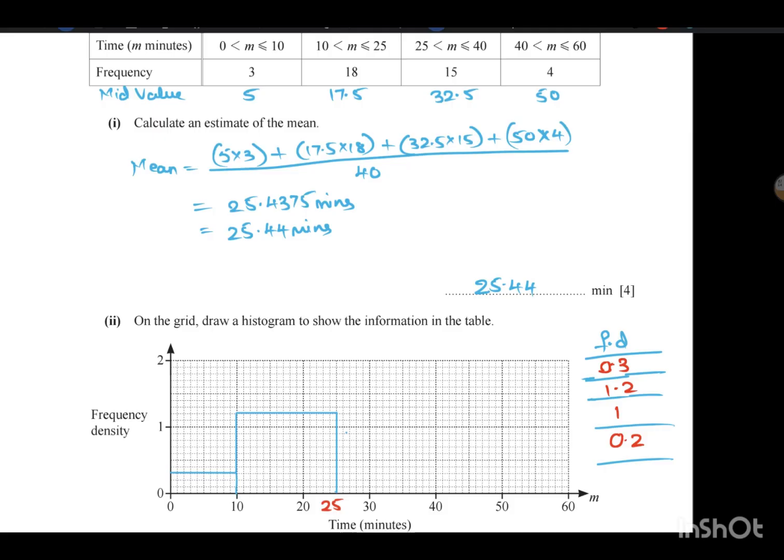Then 25 to 40 will be 1, till here. Next is 40 to 60, which is 0.2, so the line should be till here. Like this. That's it. This is the histogram done.